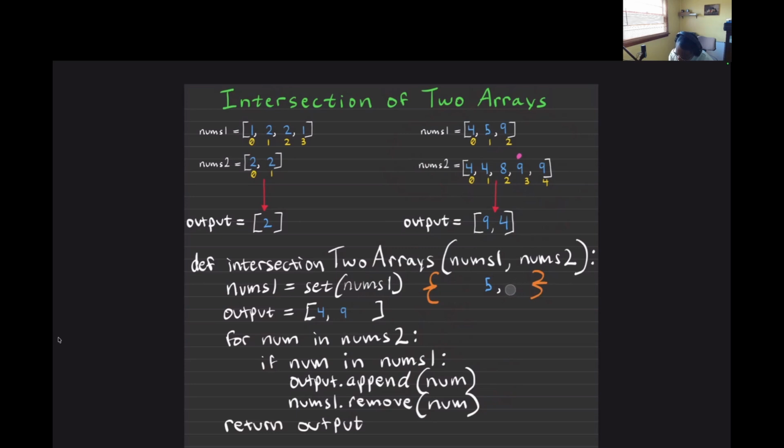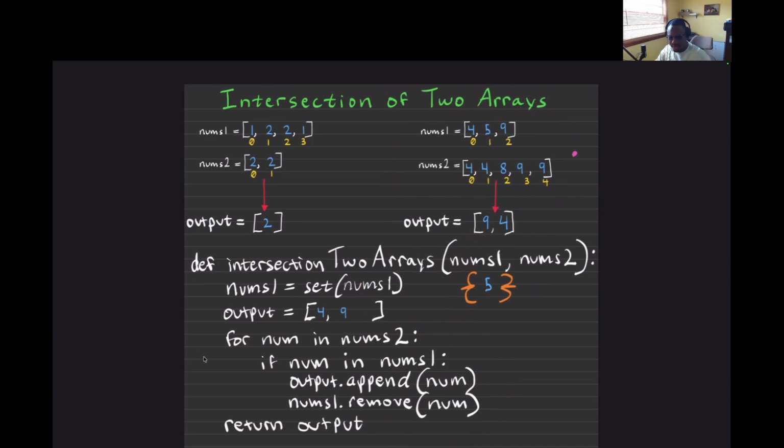So this is gone, and we continue with our for loop, right? We get here. Is 9 inside of our set? It's not, because we removed it from that last iteration. Continue with the for loop. We get here, and at this point we're done with the entire for loop, and we return the output, right? And that's the expected answer. It can be in any order as long as it has those unique values.